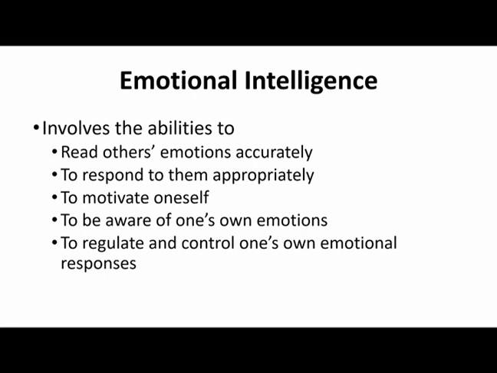Can you know if a friend of yours is sad, or can you identify a stranger who's frustrated? Can you respond to them appropriately? Can you adjust your own behavior in response to others' emotions? Can you motivate yourself? Can you be aware of your own emotions? Can you regulate and control your own emotional responses? So all of these relate to your emotional intelligence.